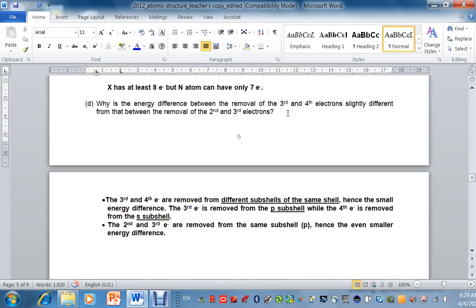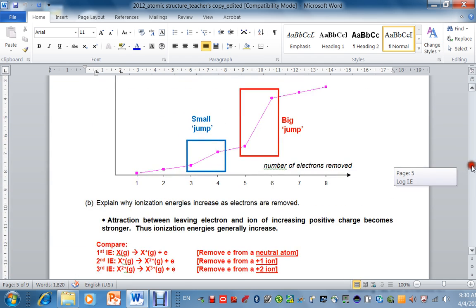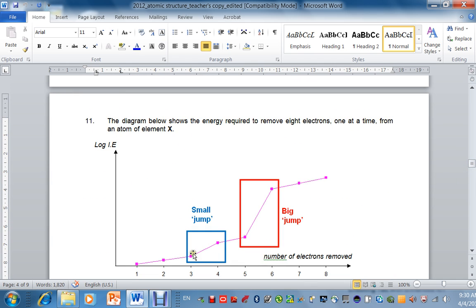Okay, next you are asked, why is the energy difference between the removal of the third and fourth electrons slightly bigger compared to the second and third electrons? The question is referring to this part here.